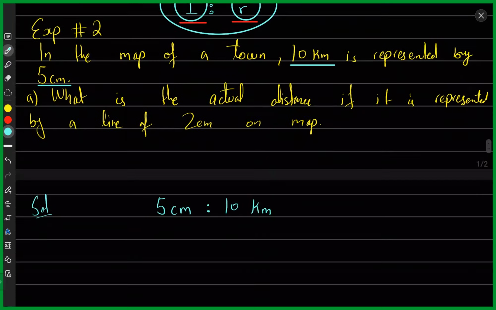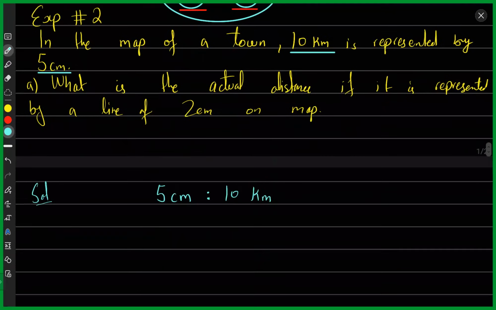Now I'll tell you how exactly we solve such questions. For the first one, you were only supposed to simplify that. Is the answer 4? Yes, very good. Your answer is correct. Let's just try understanding this. This dimension is basically on the map, so I can write it down here. It's 2 centimeters and I need to find the actual distance, so I'll make a question mark here. And now it's very easy.